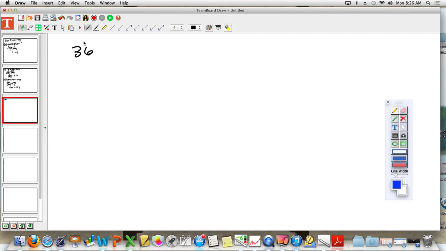Number 36. Write it down, try it, you guys. Cotangent of x times sine of x. We're trying to make it be the cosine of x. So, Jared, what does cotangent of x mean? 1 over tan. What else does it mean?